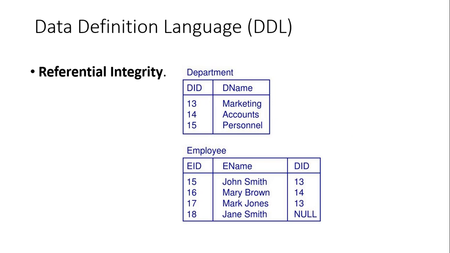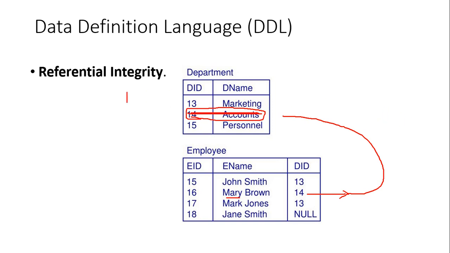Suppose by mistake somebody deletes this record. Then Mary is working in department 14, and somebody asks what is department 14. There is no such record available here.